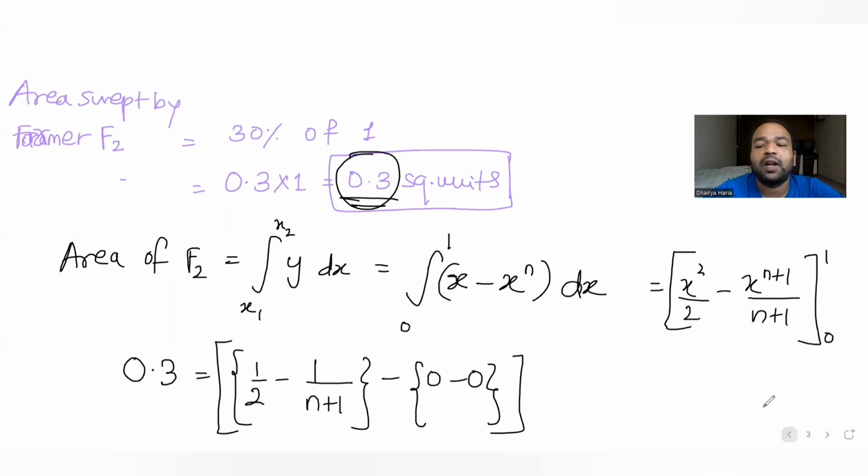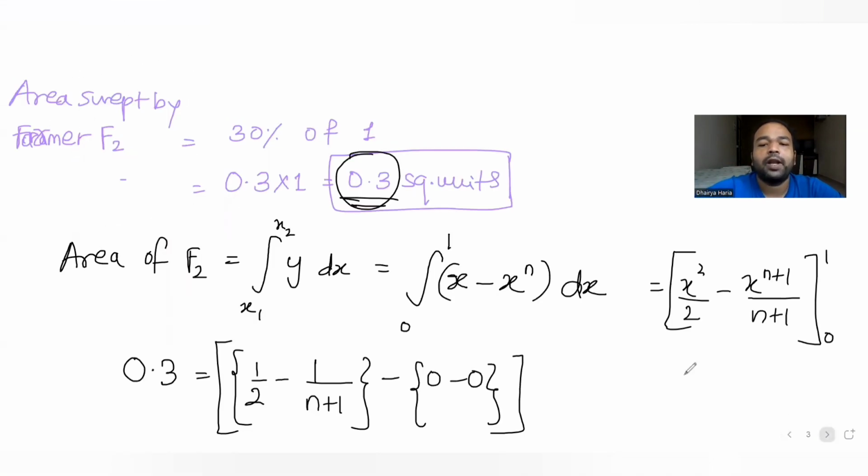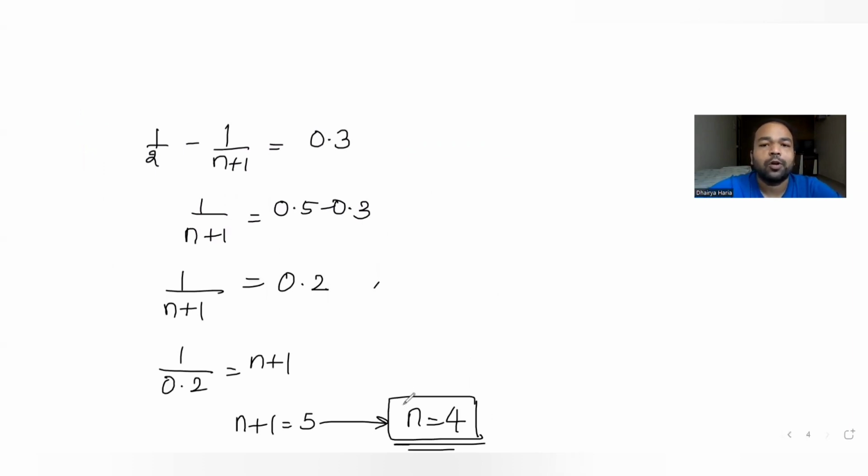And once we have that, the area is nothing but between the line y equal to x and the curve y equal to x raised to n. So we applied integrals here, with limits from 0 to 1, y equal to x minus y equal to x raised to n gives me the region which is swept away by farmer F2. That gave us the answer of n being 4.